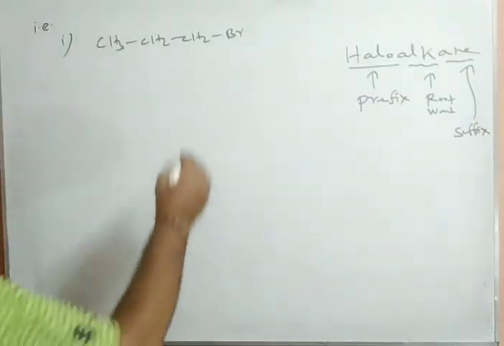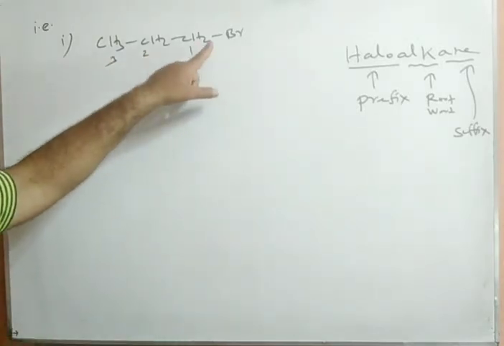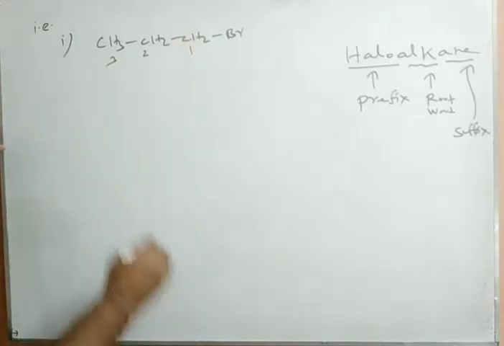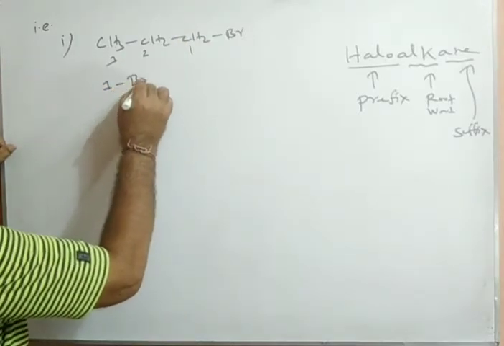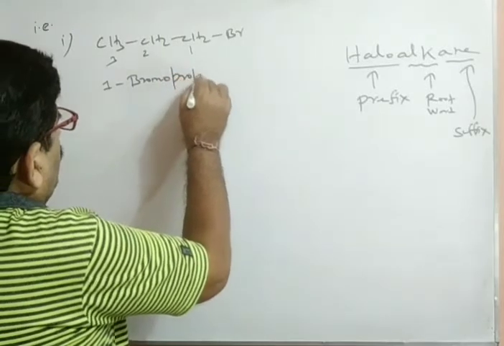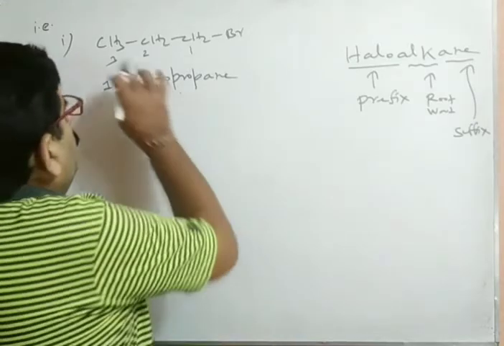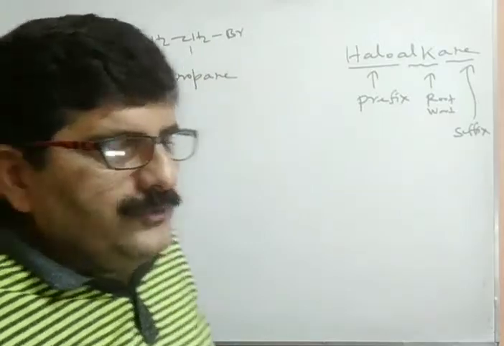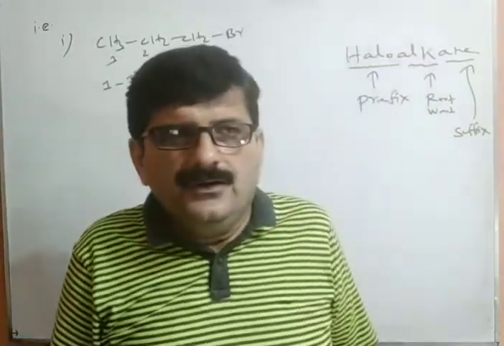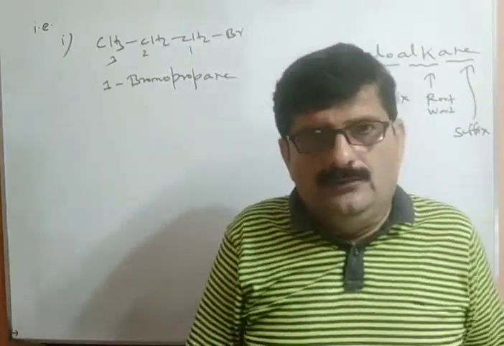So here we can write 1, 2, 3. The halogen group always goes to the minimum position. Therefore, the name of this compound becomes 1-bromopropane, a 3 carbon atom chain called prop. This is the correct IUPAC name for this compound. You know very well, if a straight chain hydrocarbon is present, then in the common name you can use normal.